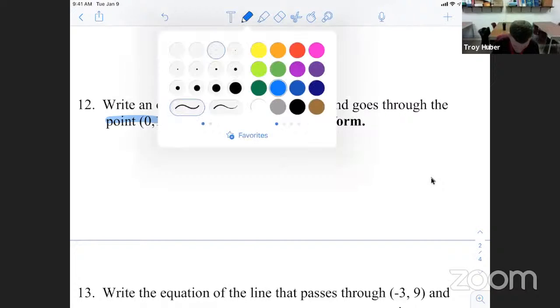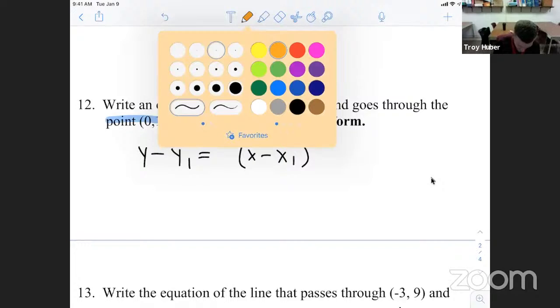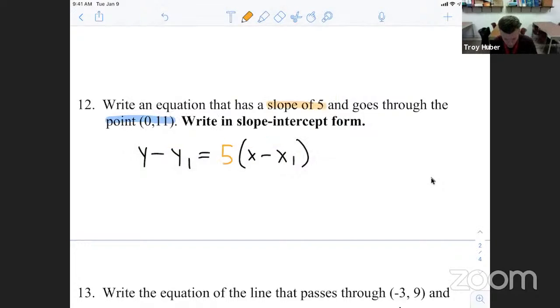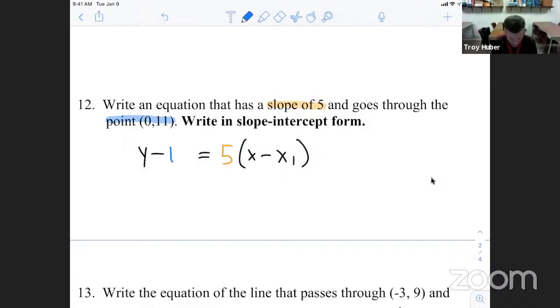I'm going to write this out: y minus y1 is equal to m times x minus x1. It told us our slope, that m value is 5. Then we plug in our point. That y is a positive 11, so I want it to be minus 11. And that x1 is 0, so I'm just going to have it be minus 0.